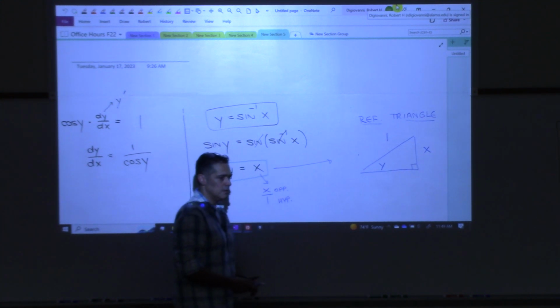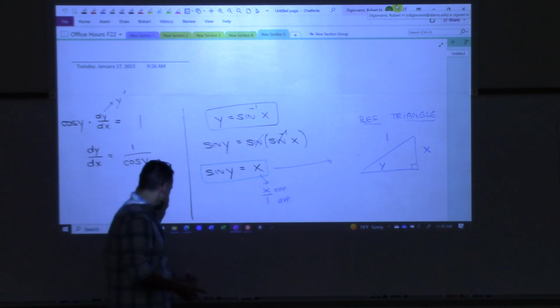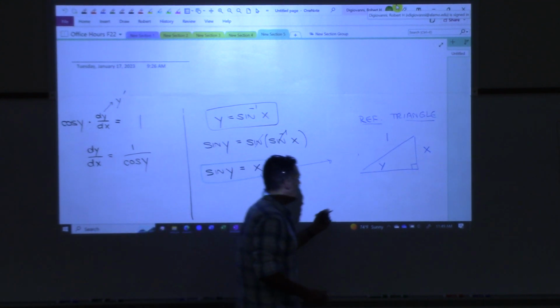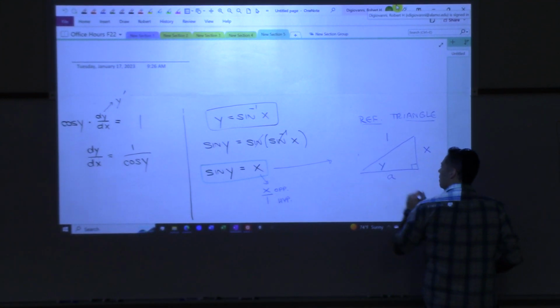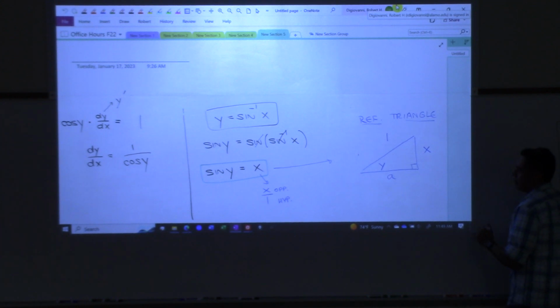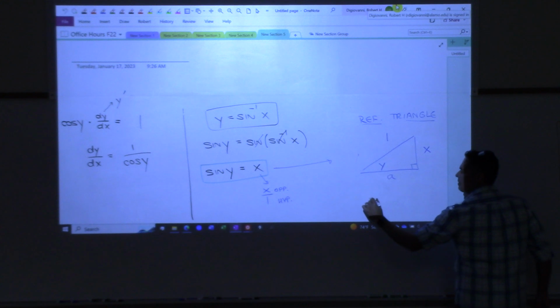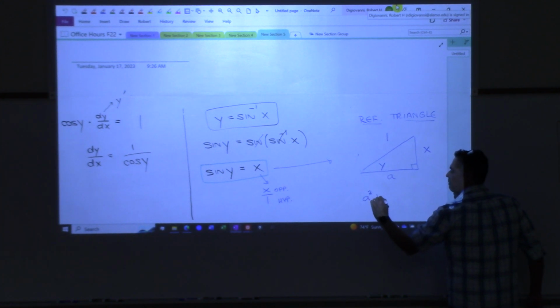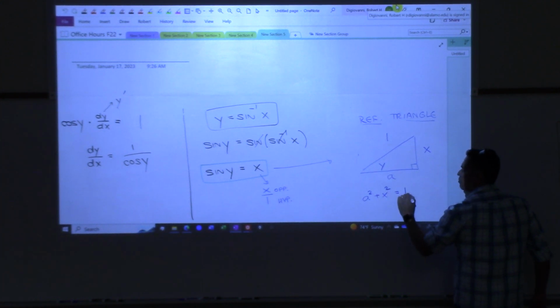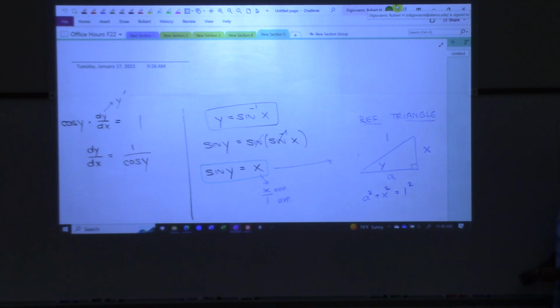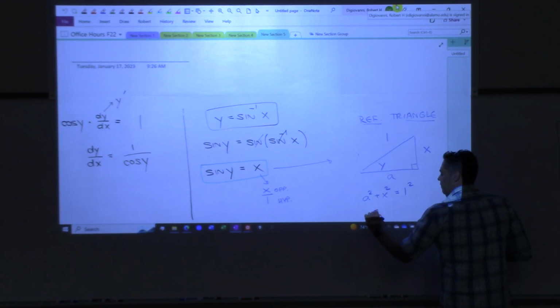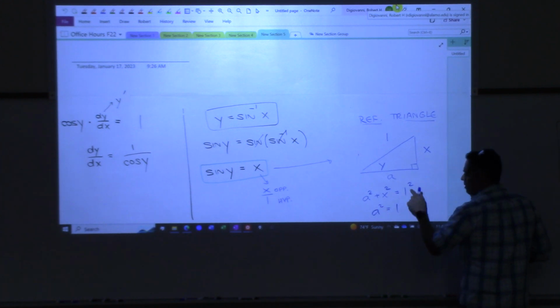So let's call that side A, for adjacent, or A for A squared plus B squared is C squared, however you want to look at it. This becomes A squared plus x squared equals 1 squared. Square the 1, you get 1.